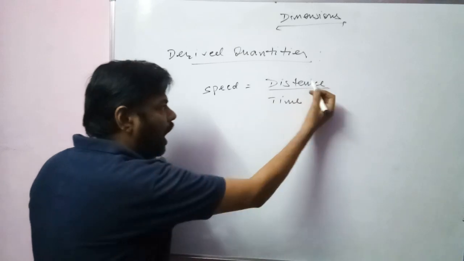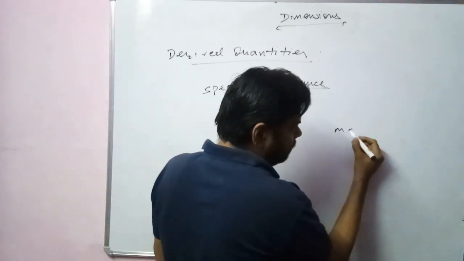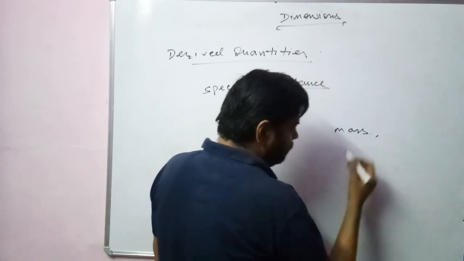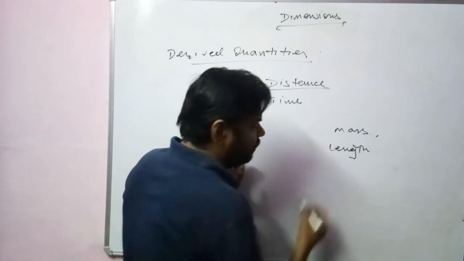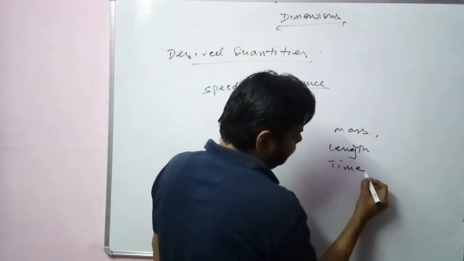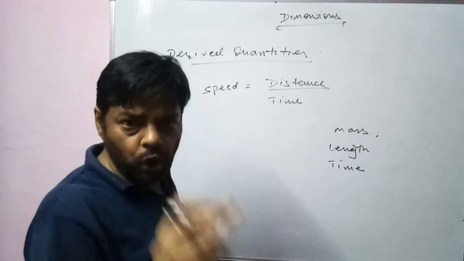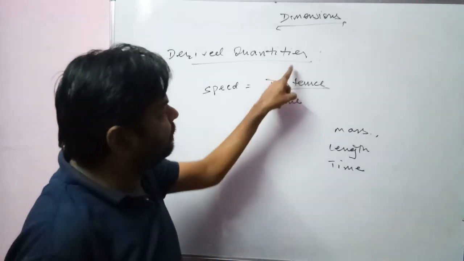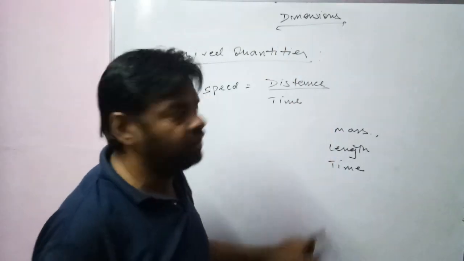Now, friends, out of these two, distance and time, remember there were 7 fundamental quantities, and out of those 7, I am just considering these 3 physical quantities. So you have to compare the physical quantities present in the definition with these fundamental quantities.